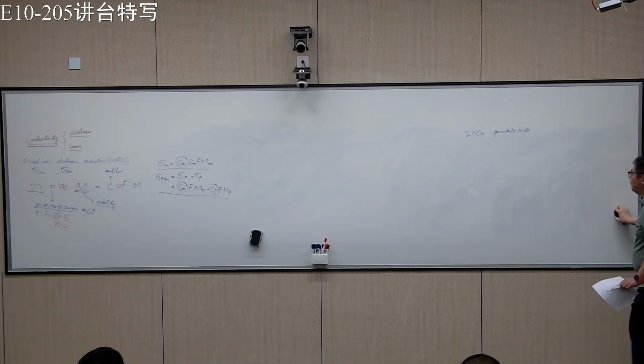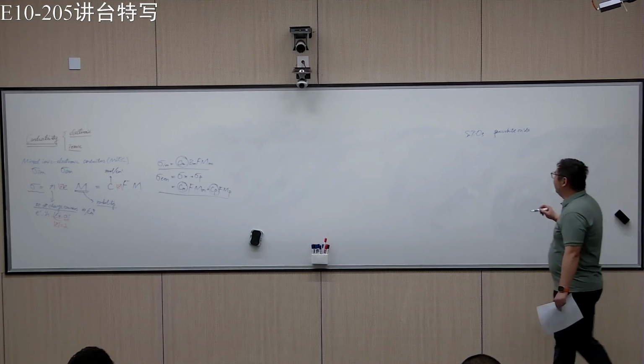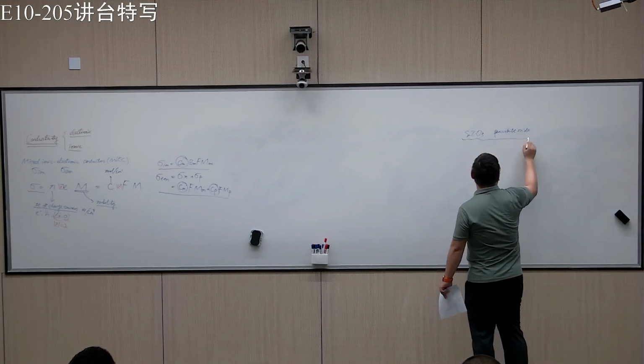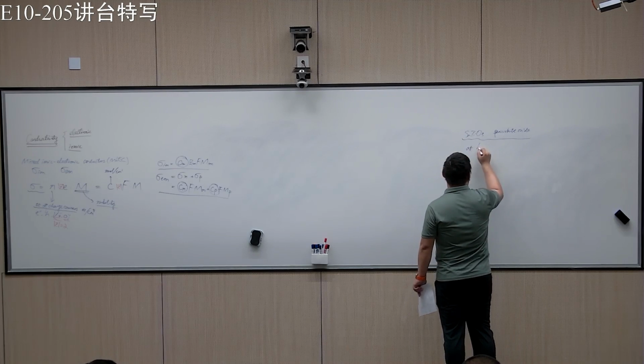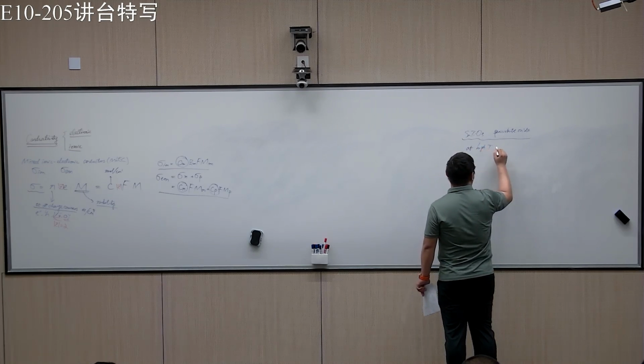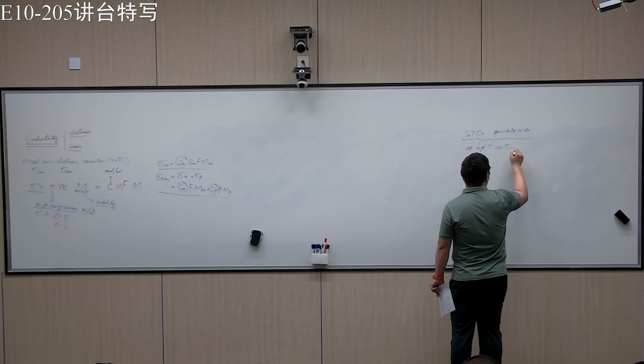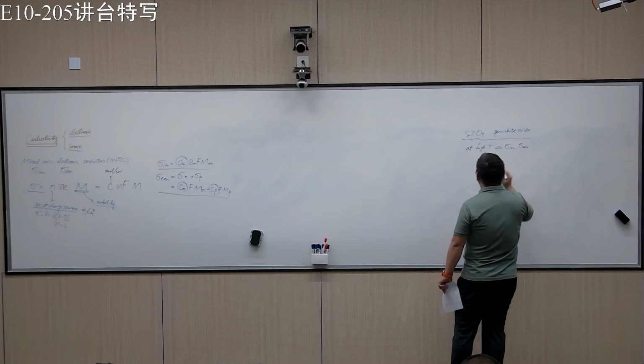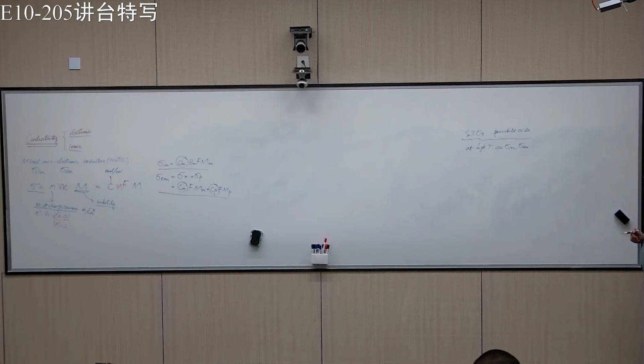What we want to study is this material at high temperature: what kind of ionic conductivity and electronic conductivity can contribute. However, we need to know what kind of defects we are dealing with.